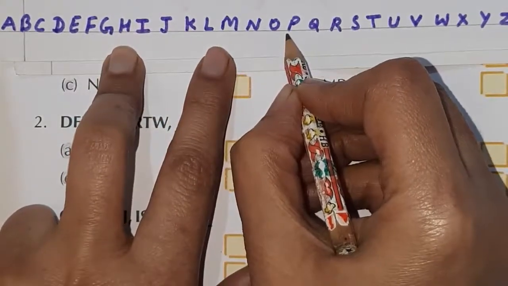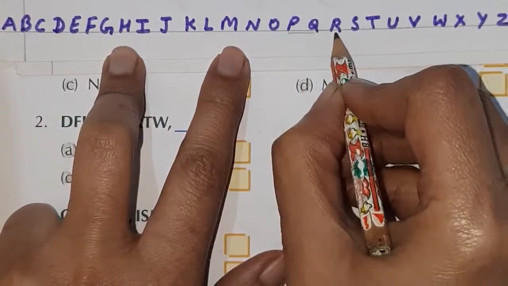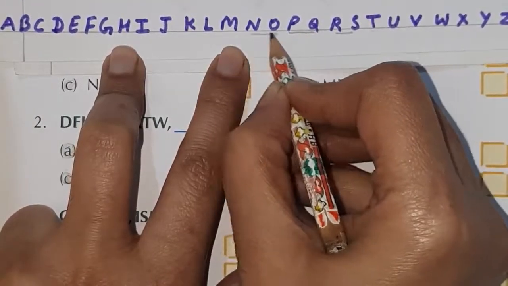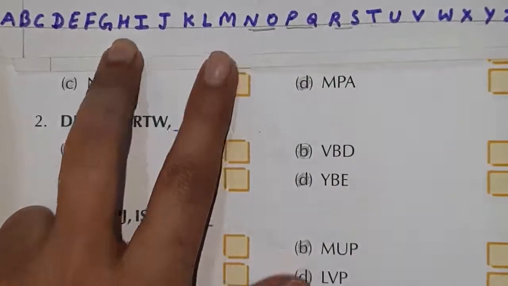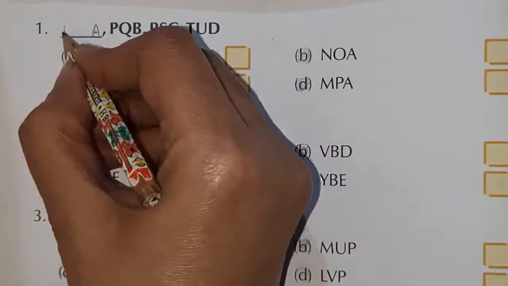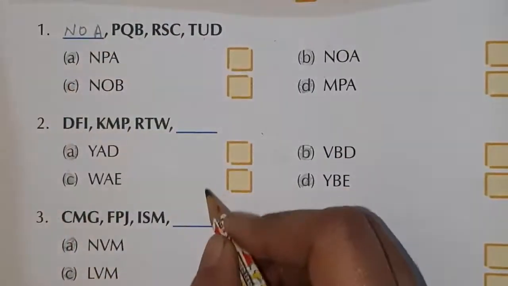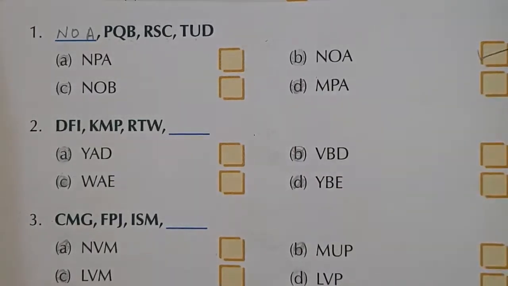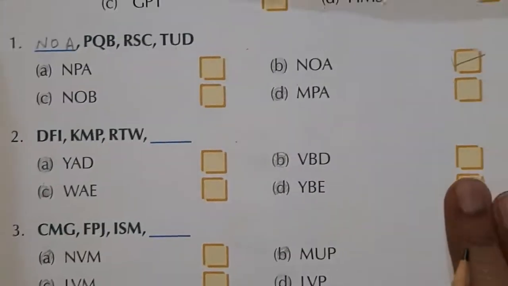You have to write down this. PQ, RS, TU. So before PQ, the pair you have to select NO. Okay. So here NO. NO A. Option B. Got it?